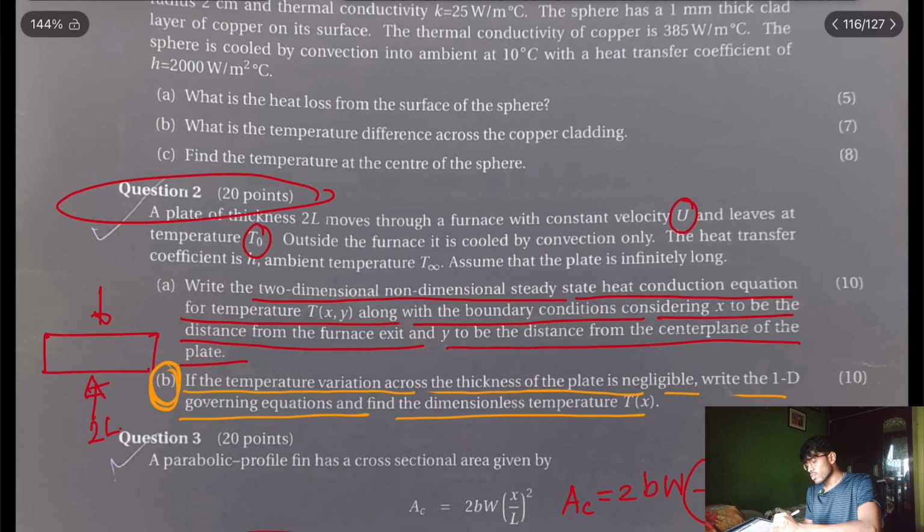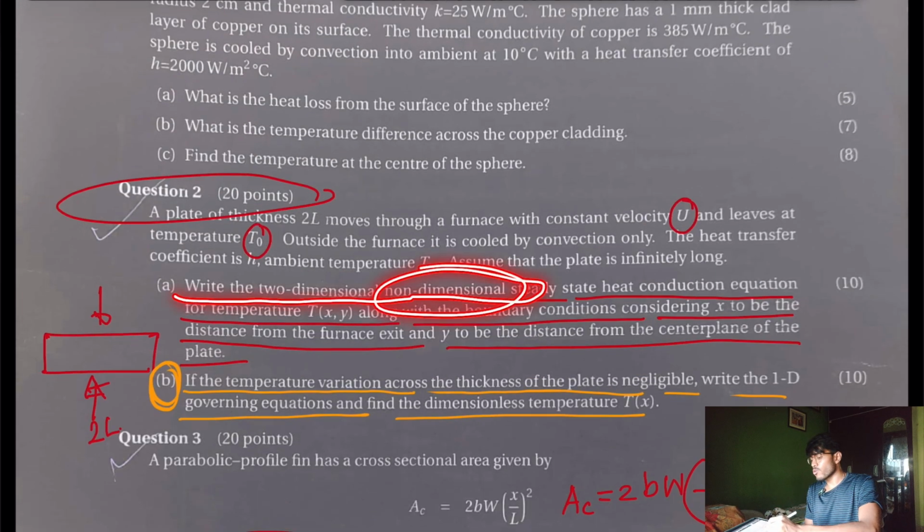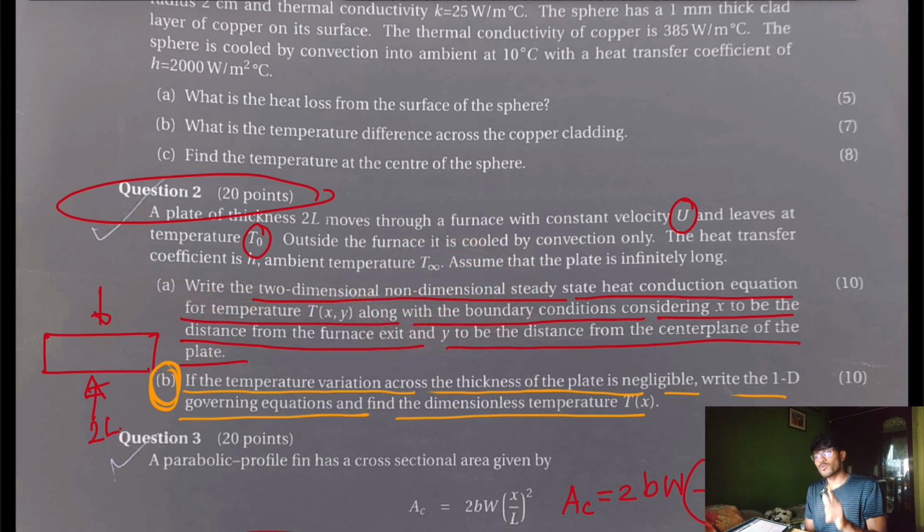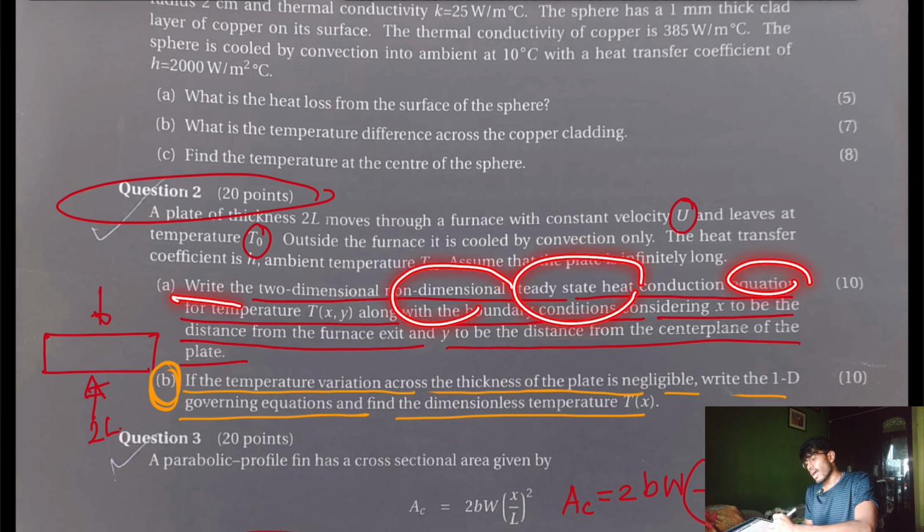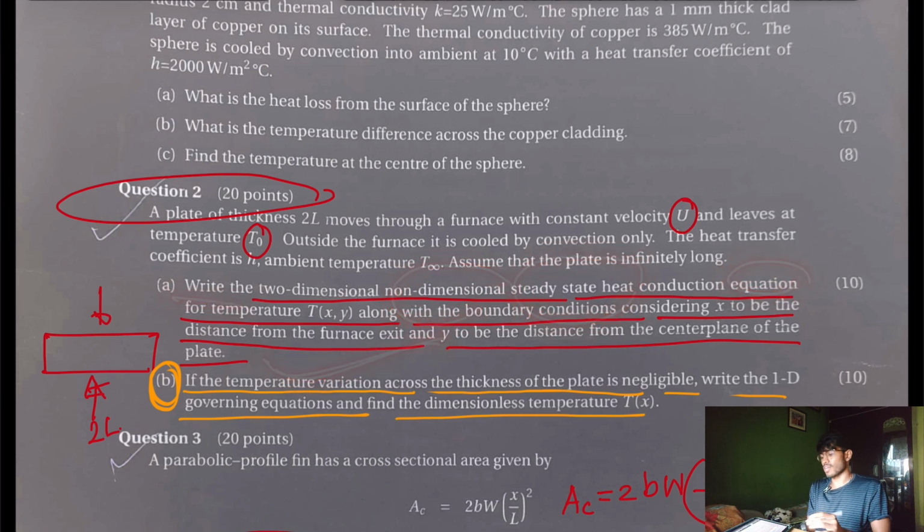See, here it is written, write the two-dimensional, non-dimensional. So you have to non-dimensionalize the equation. That is your homework. At least that you have to do by yourself. I will not tell anything about that. So write the two-dimensional, non-dimensional steady-state conduction equation, and you are not asked to solve that.